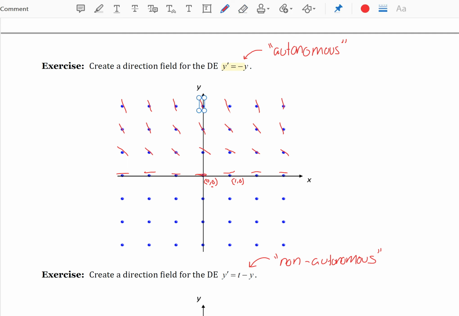Okay. We can do a similar thing for all of these coordinates where the y values are negative, where y is equal to negative 1. The slope would end up being positive 1 because of the negative here. So along this line, they'd all have a positive slope of 1.